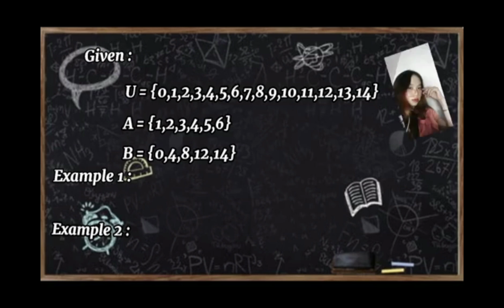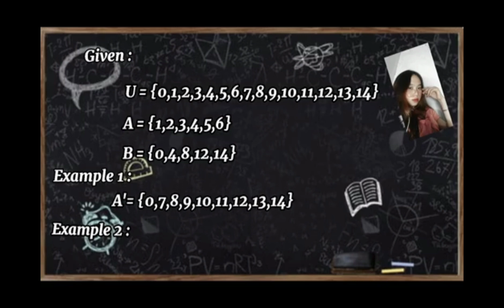As I've said, the complement of set A contains the elements present in the universal set but not in set A. So all of the numbers that are in the universal set and not in set A will be the complement of A. So the complement of A is 0, 7, 8, 9, 10, 11, 12, 13, 14.